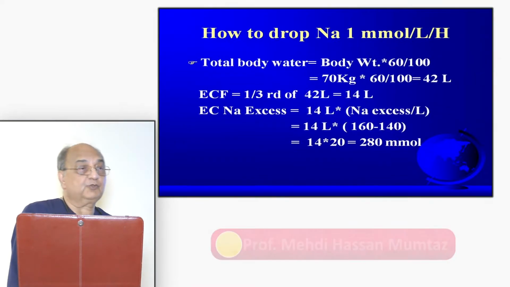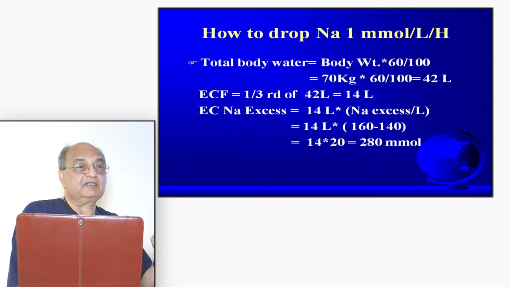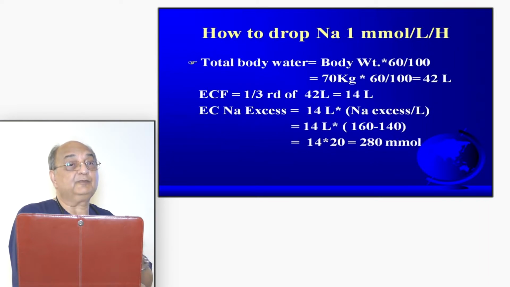If the sodium level has gone up to 160, and normal should be 140, then 160 minus 140 means every liter of fluid has 20 millimolar sodium higher. You have 14 liters of water in the extracellular compartment, 14 into 20. It means the total excess of sodium is 280 millimole.